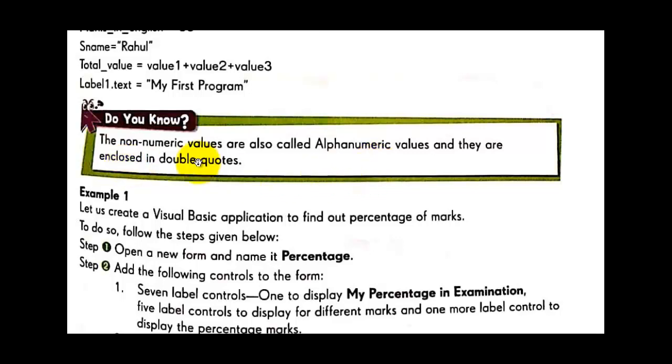Alpha means alphabet and numeric means numbers. Alphanumeric values are also enclosed in double quotes, that is, double inverted commas. It is shown in this example: Label1.Text equal to, opening double quote, my first program, closing double quote.